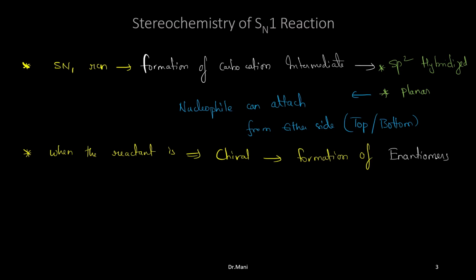Structurally similar, the chemical formula is similar, but they can be arranged in two different ways. So that's called enantiomers. So when the reactant is chiral, there could be a chance for the formation of enantiomers. This property we call racemization. Okay, so this is called racemization. Remember this.